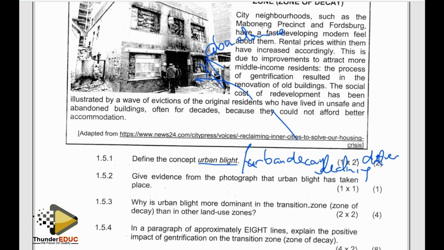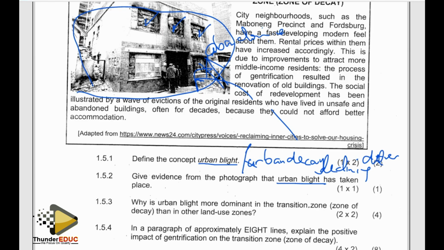What this house suggests tells a lot about the problem of urban blight. Then give evidence from the photograph that urban blight has taken place. What can we see here which shows us that there is a problem of urban blight? Let's look at these windows here.